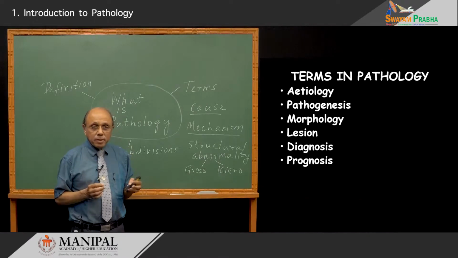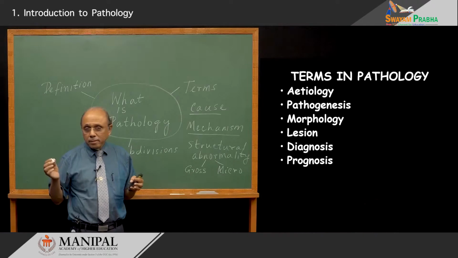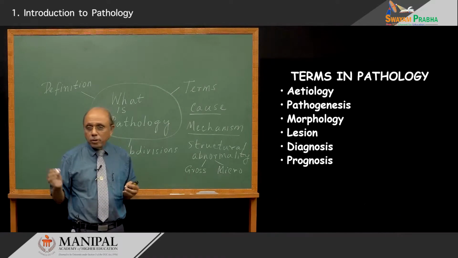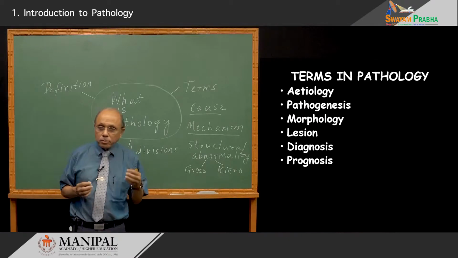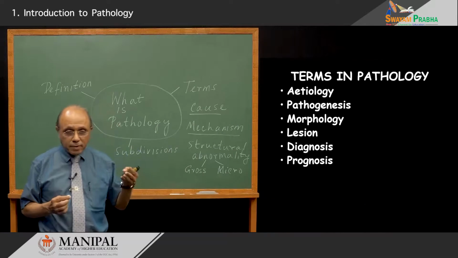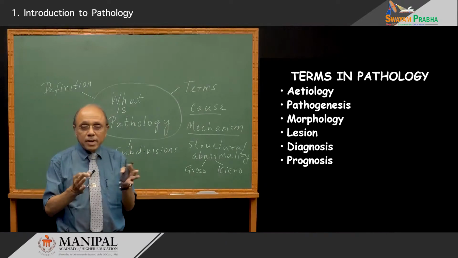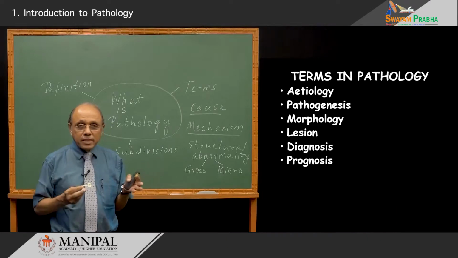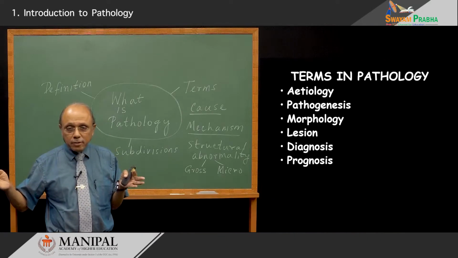Any disease, especially malignant conditions, especially cancers, we often talk of prognosis, and that prognosis is generally in terms of 5-year survival rates. We generally do not go beyond that. So, we say 90% survival rate at 5 years.